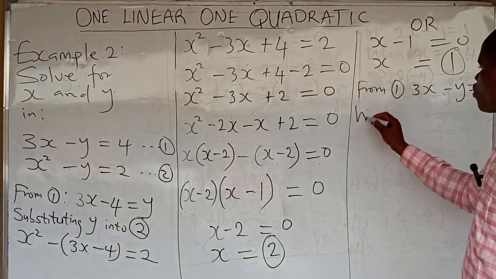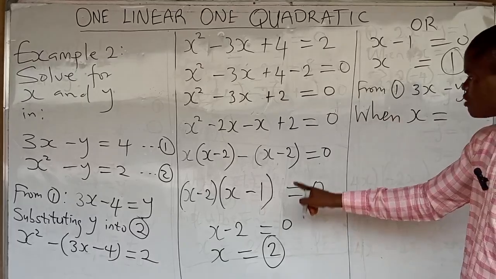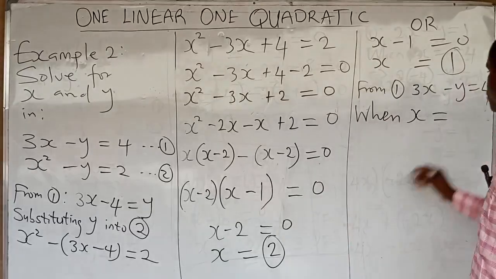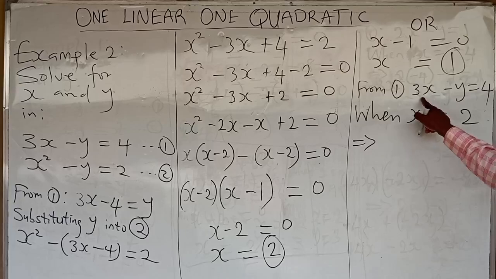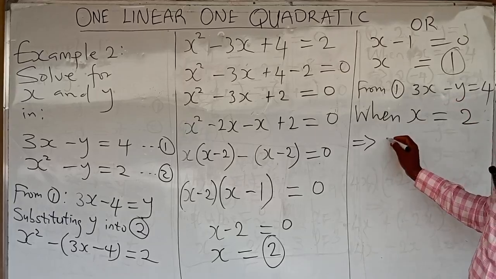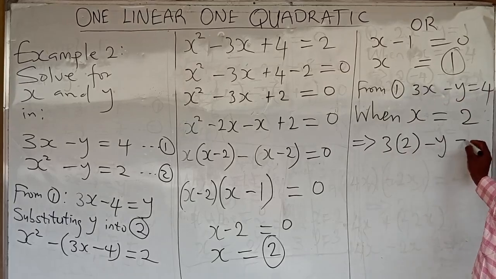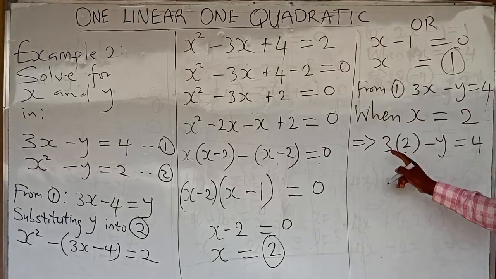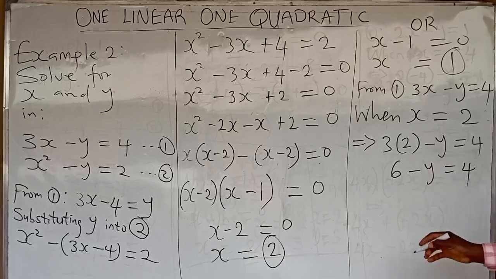So when x is equal to 2, our first value of x, I will come back to this equation and substitute for x. 3 brackets 2 minus y is equal to 4. So 3 times 2 will give us 6 minus y is equal to 4.